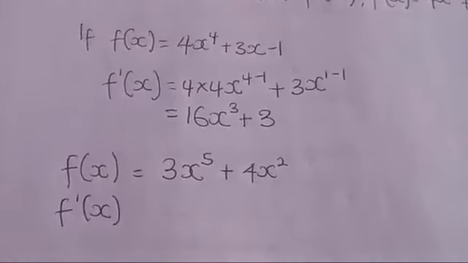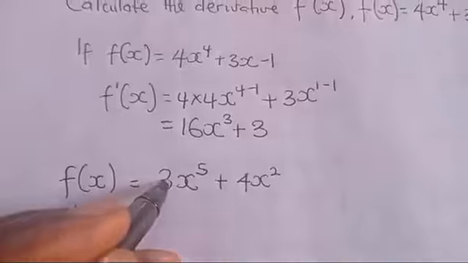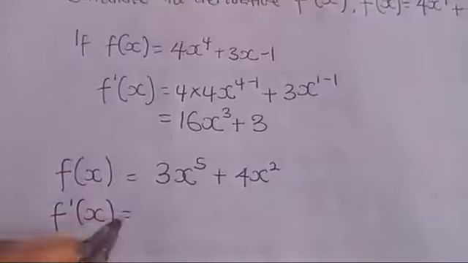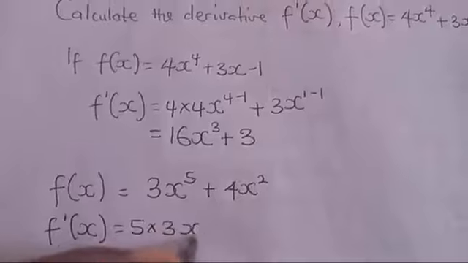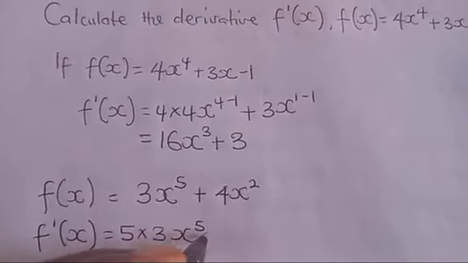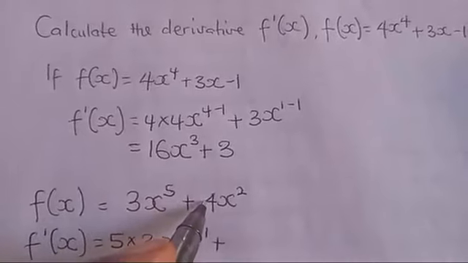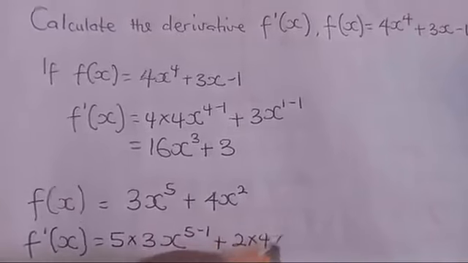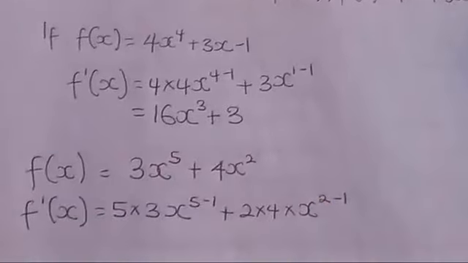And of course, this is going to be 5 multiplying 3, that is the coefficient of x. Then we subtract 1 from 5, that is 5 multiplying 3, x raised to the power of 5 minus 1. Plus the same thing here, 2 will multiply the coefficient of x here, that's 2 times 4, 2 times 4 times x raised to the power of 2 minus 1.